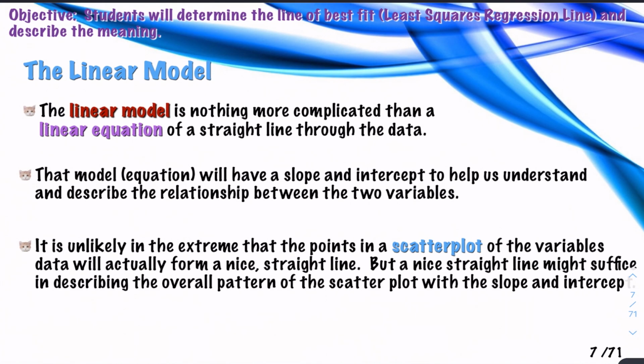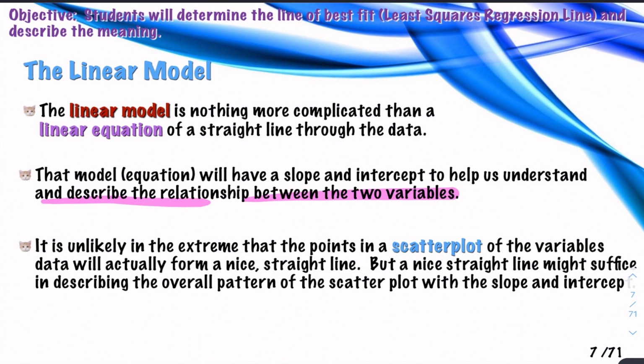Now I'm going to say this right off the bat. The linear model is nothing more complicated than a linear equation of a straight line through the data. That model will have a slope and intercept to help us understand and describe the relationship between the two variables. You guys have found slope and y-intercept since you're like in 6th or 7th grade. This is not new.